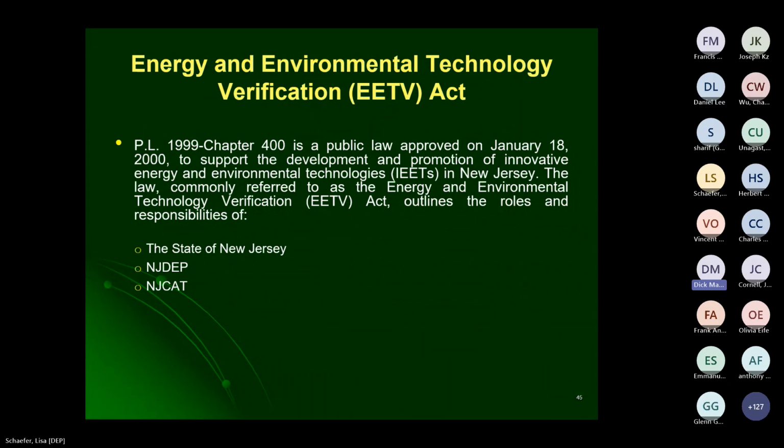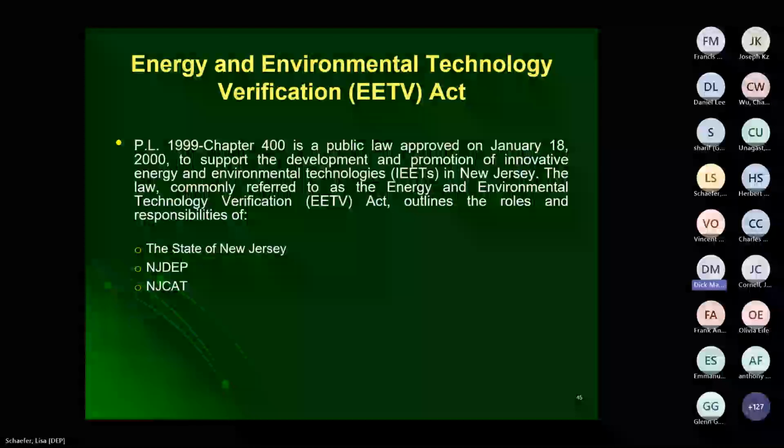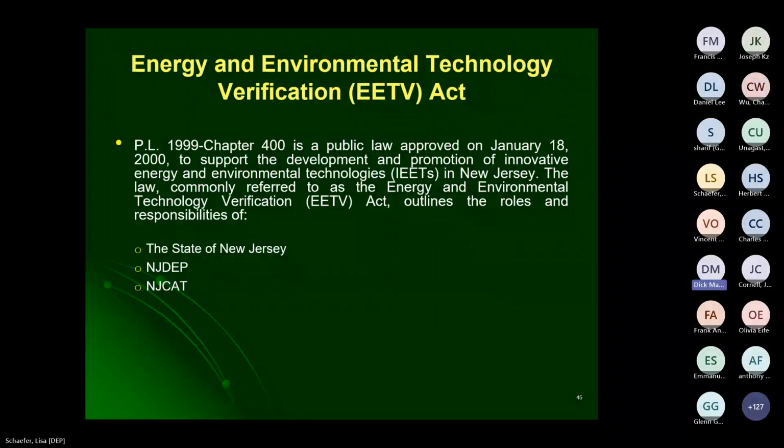Key to the program was the Energy and Environmental Technology Verification, or EETV, Act, which was approved on January 18, 2000. It outlined the roles and responsibilities of the state of New Jersey, NJDEP, and NJCAT. By the way, NJCAT was established in 1998.